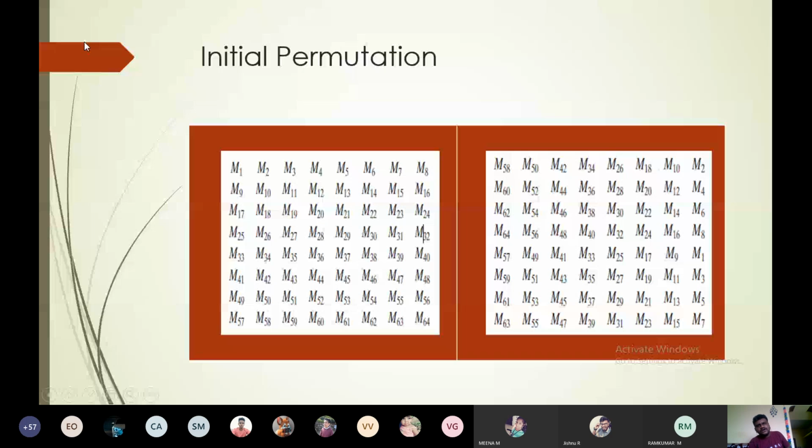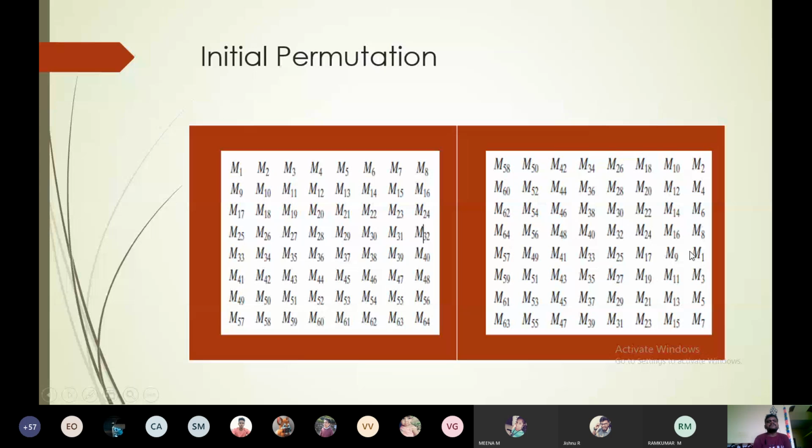After all the process till round 16, that A is encrypted and changed into some other letter. For example, A is replaced as yes after all the encryption. Now the yes will be here.